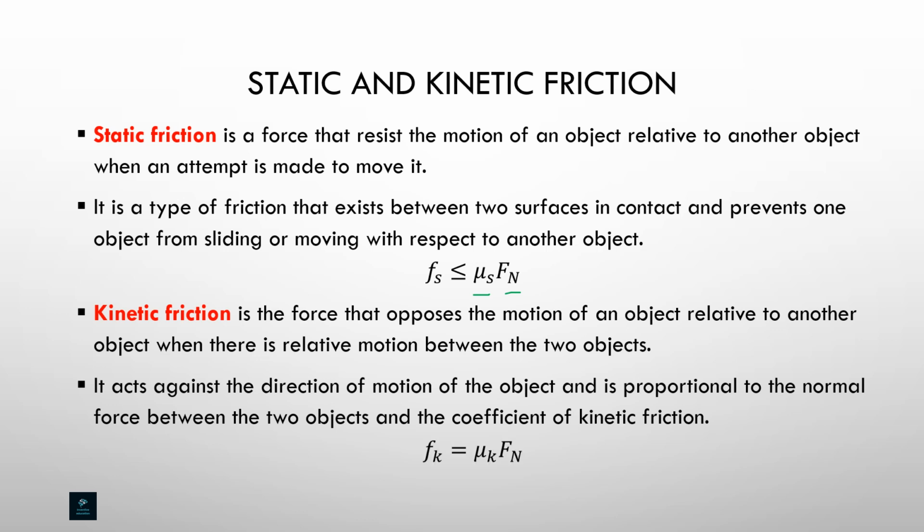Therefore, the kinetic frictional force is equal to the product of the coefficient of kinetic friction and the normal force. The coefficients of friction for static and kinetic forces depend on the type of surfaces that are in contact.